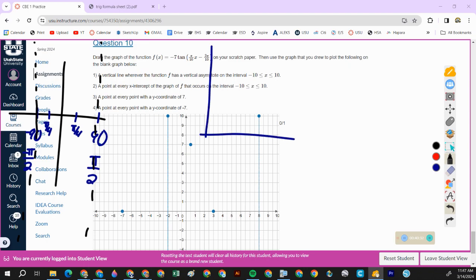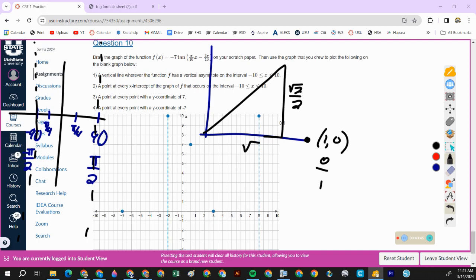So if I look at the tangent in quadrant 1, the tangent here, 1 comma 0, is 0 over 1. And then if I look at the 45-degree mark, this is root 2 over 2, and this is root 2 over 2. The tangent at 45 degrees is 1. And then here, the tangent is 1 over 0, which is undefined.